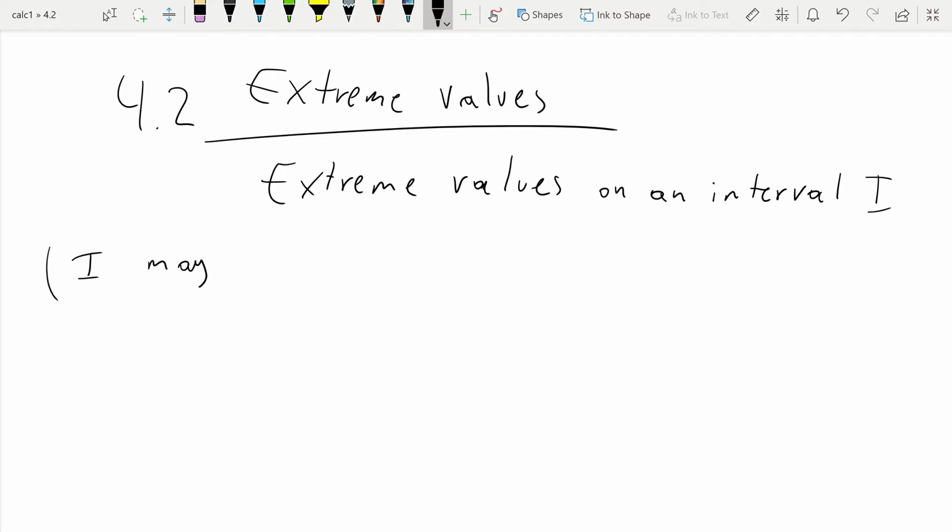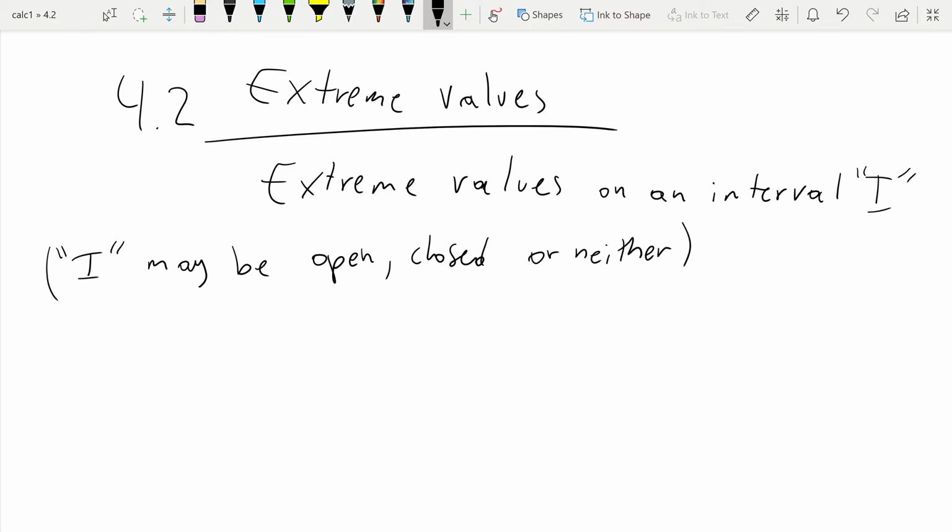Maybe the I notation is not good because it's also used for the imaginary unit. The interval I may be open, closed, or neither.